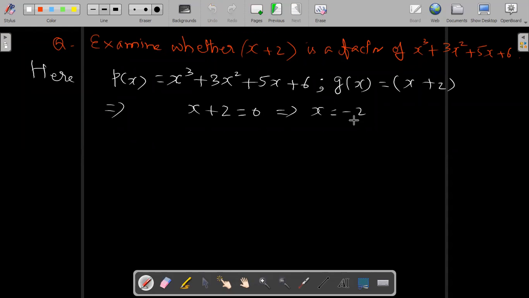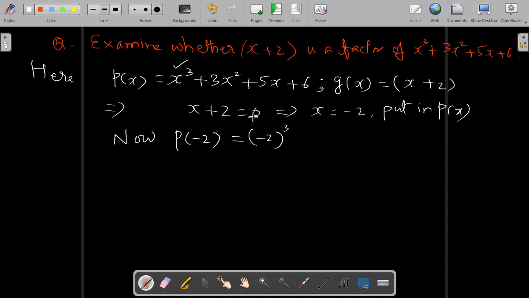Equating this, now find the value and put it in px. So p of minus 2 will be equal to x cube, meaning minus 2 cube, plus 3x square, so plus 3 times minus 2 square, plus 5x, x is replaced by minus 2, plus 6.